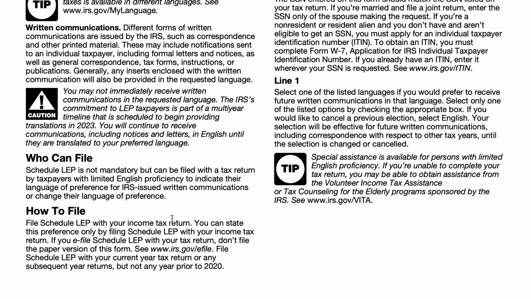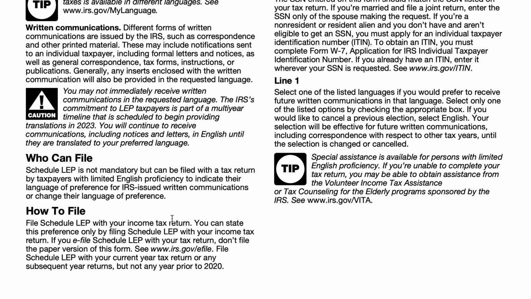Now, if you and a spouse are filing a joint tax return and you each want to receive correspondence in a preferred language other than English, then you would need to each complete Schedule LEP, even if you're both requesting correspondence in the same preferred language.